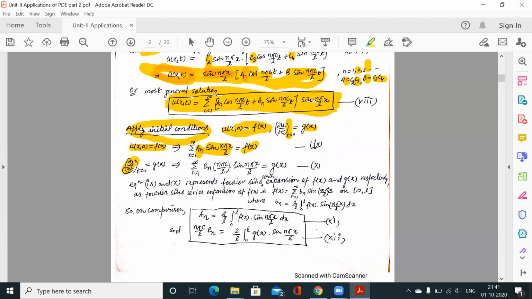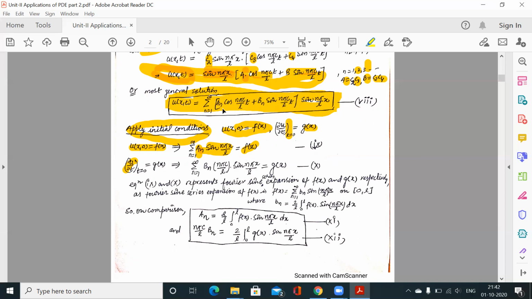Now if we apply the second condition, so what is that? First we need to calculate del u over del t. So del u over del t means we have to differentiate with respect to t. This is the differentiation of this term because this is cos. So minus sine, and the angle n pi c by l, because this is t into something, so that something would be in multiplication.